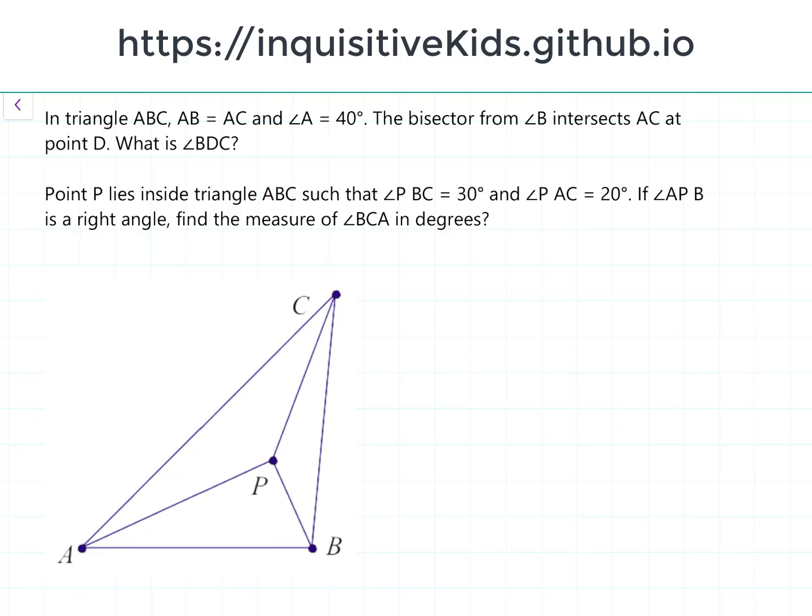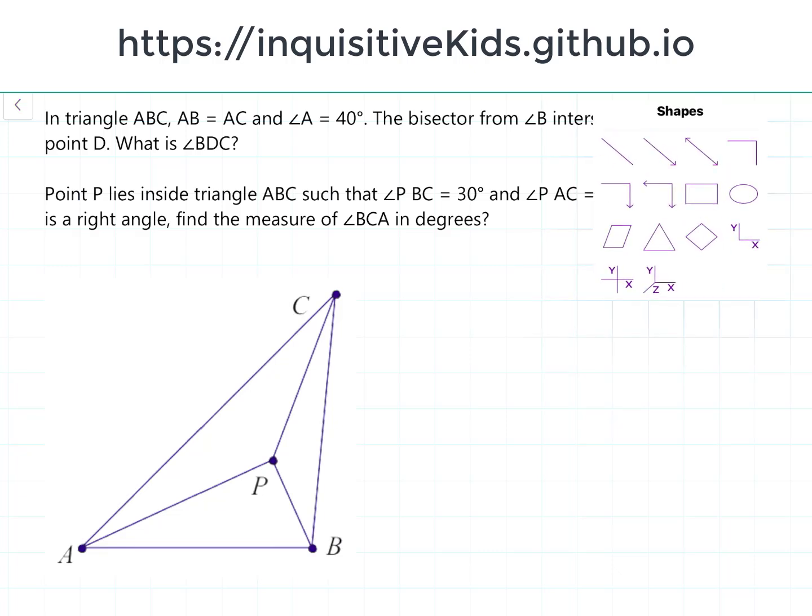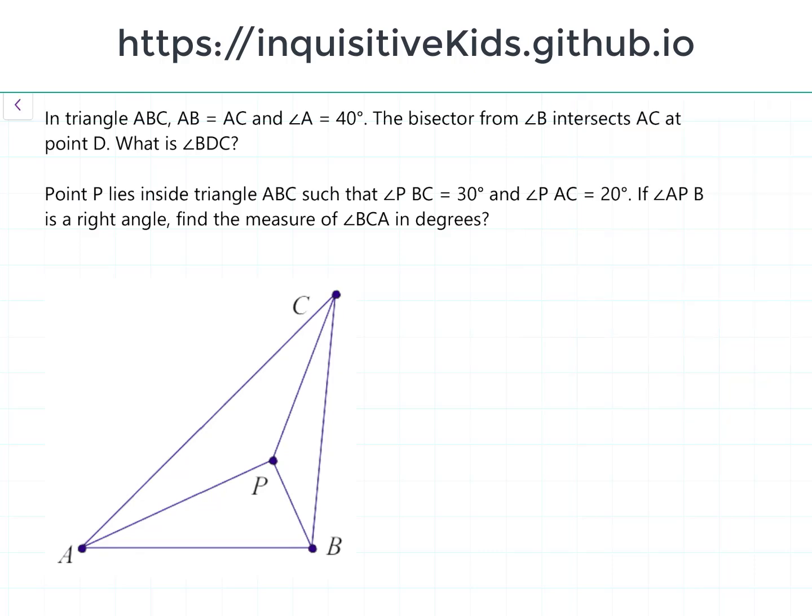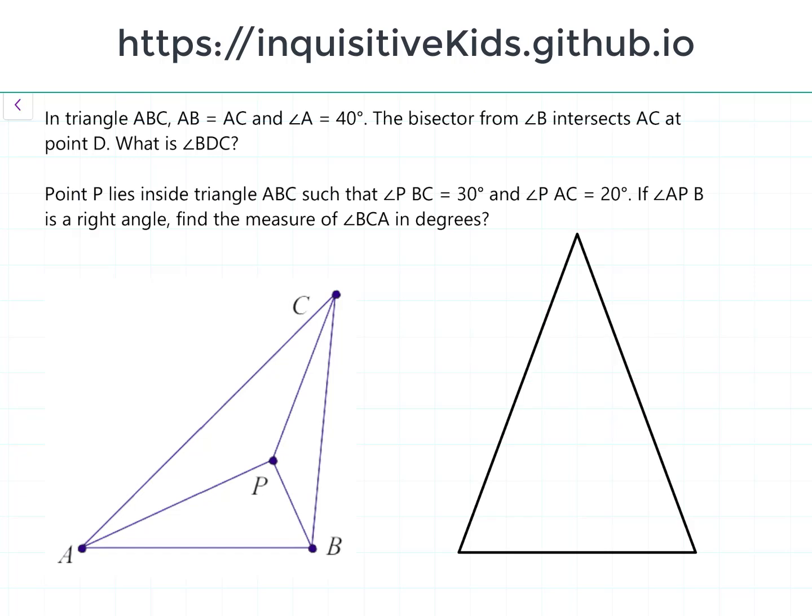So we know that AB is equal to AC, which means that two of these sides are equal, meaning that this is an isosceles triangle. So AB is equal to AC. And let's mark out all of the stuff we know about isosceles triangles. We know that their two sides are the same, and their two base angles are the same as well.